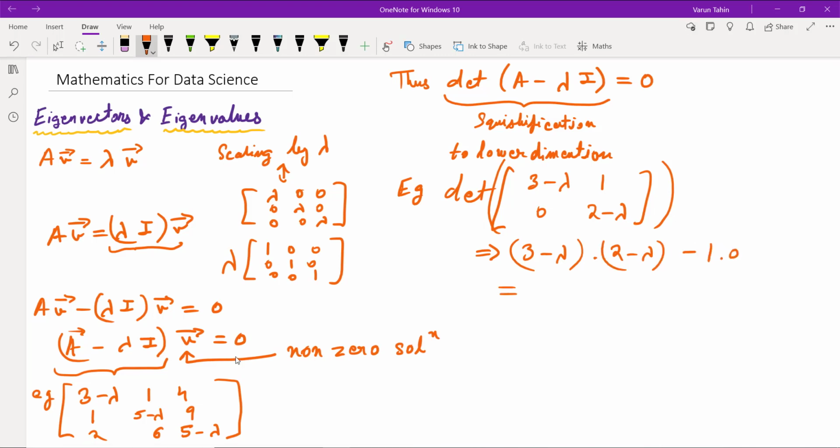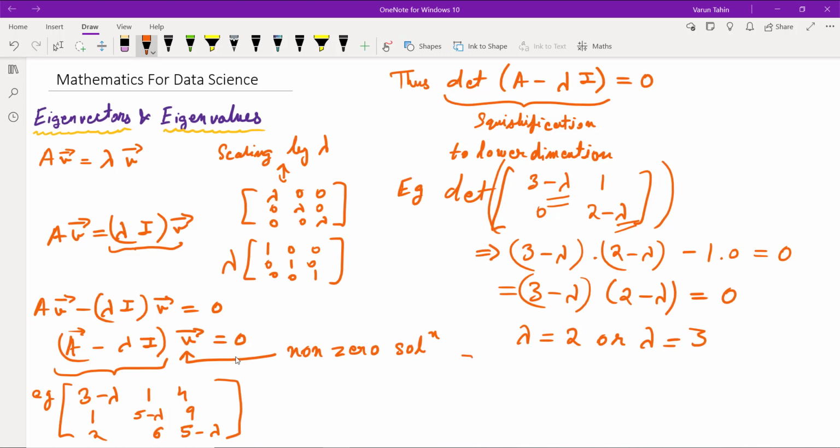And if the determinant here is 0, then we can safely say that (3 minus lambda)(2 minus lambda) equals 0, and hence lambda equals 2 or lambda equals 3. So what we have done is, here we have subtracted lambda from the diagonals and calculated the determinant, which is equal to 0, and then derived lambda from it.